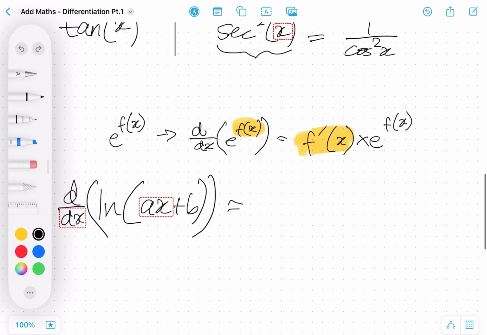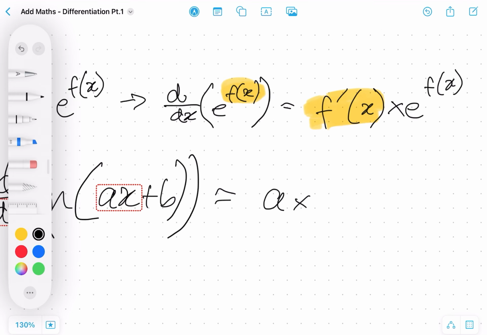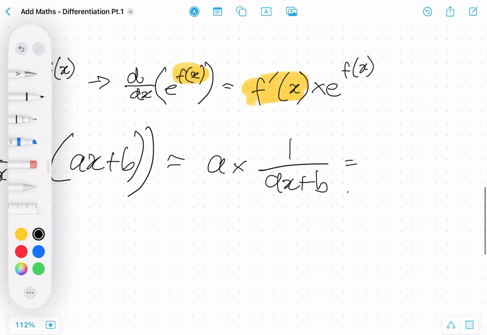So ax plus b, the derivative of that is just a. So it'd be a multiplied by the derivative of ln of x as a whole, which is just 1 over ax plus b. So you get an answer of a divided by ax plus b.